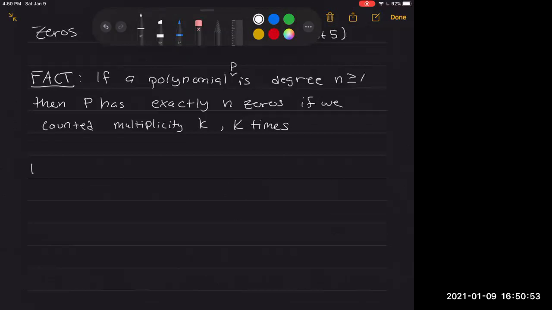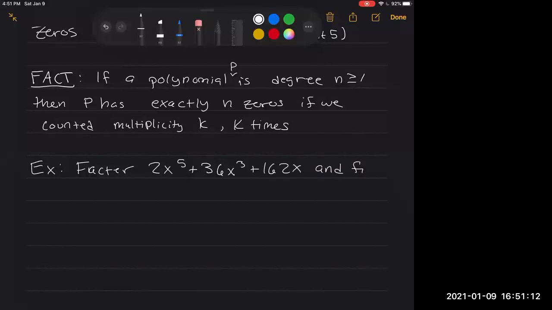So for an example, let's factor 2x to the 5th plus 36x cubed plus 162x and find all 5 zeros.